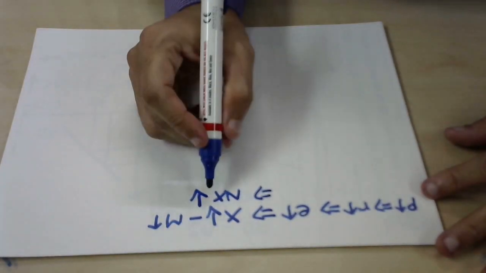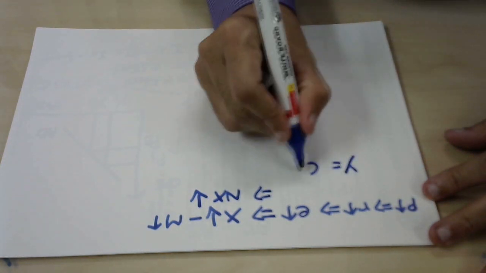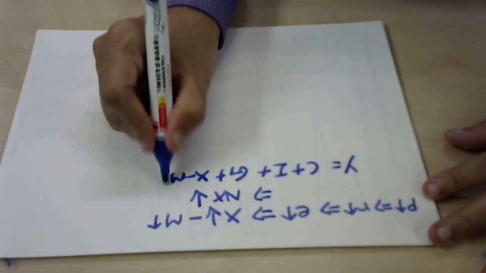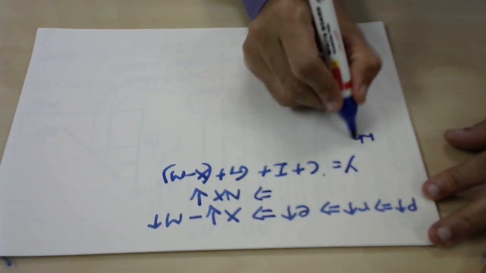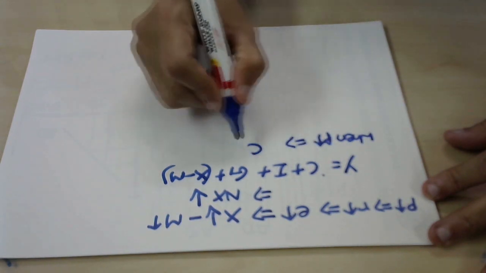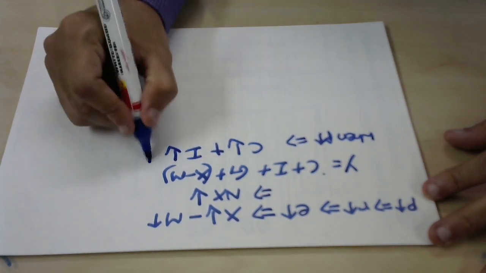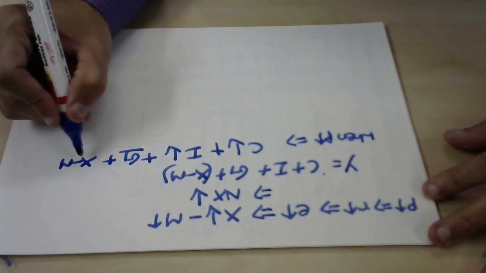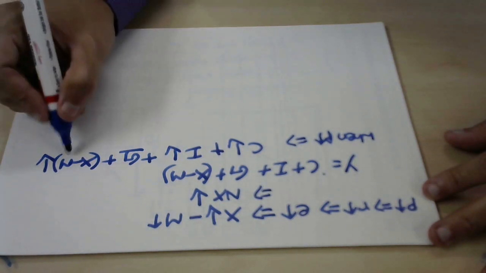So the exchange rate effect is leading to a drop in net exports, and we know Y is equal to C plus I plus G plus X minus M, or NX. Now the wealth effect said when P goes up, C is falling because of the wealth effect, I is falling because of the interest rate effect, G is exogenous, and X minus M, or NX, is also falling because of the exchange rate effect.